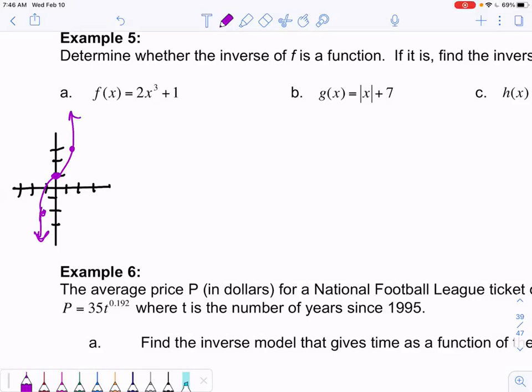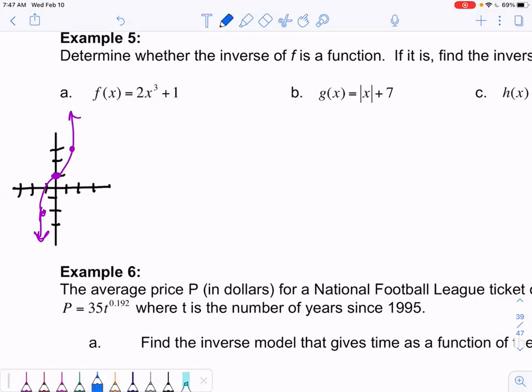And again, you can plug that in your calculator. I just did a quick mental T-chart. So plugging in a 0, I saw that my x cubed is 0. So I'm going to have a point at 0, 1. Plug in a 1, and then I plugged in a -1. So to determine if the inverse of f is a function, you have to graph it.